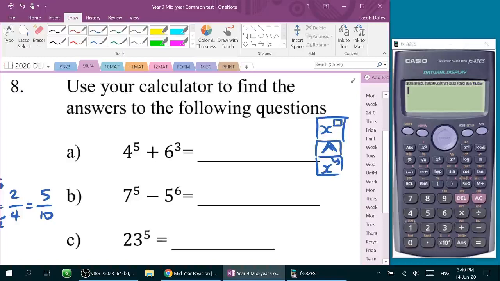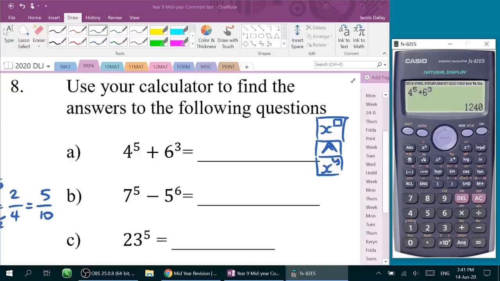So to use that, well, we need to hit 4 first, and then our exponent, and then 5, and that's done that. What you need to be careful of is if I press plus now, see how it's still typing within the exponent box. So what you want to do, just delete that, and the replay button at the top, if I hit that, now I've moved the cursor so it's no longer typing within the exponent box, so I can finish off the rest of putting into the calculator.